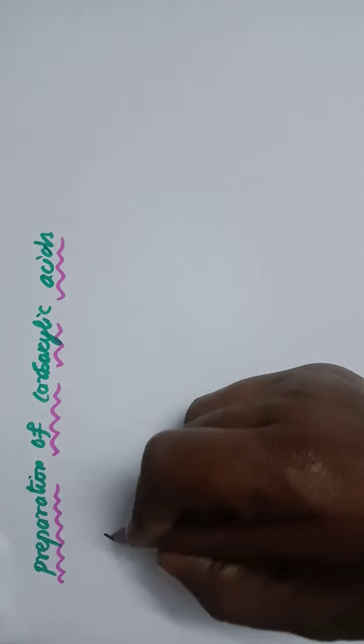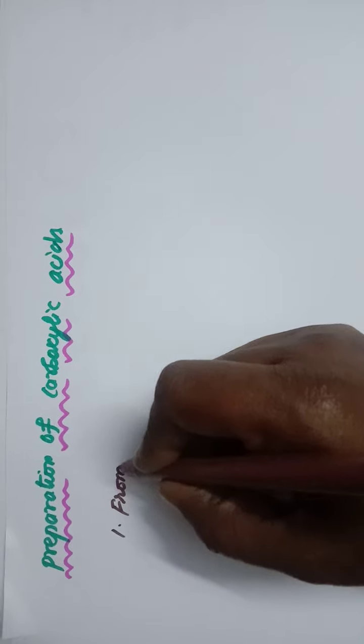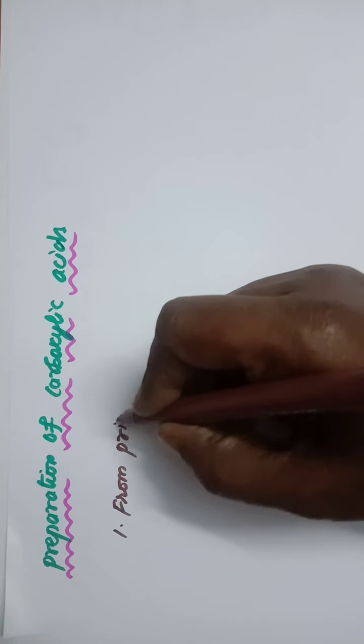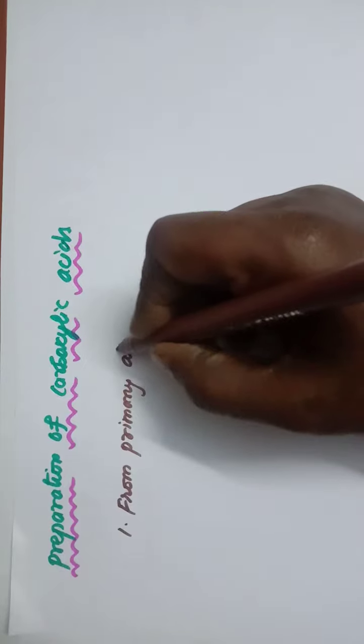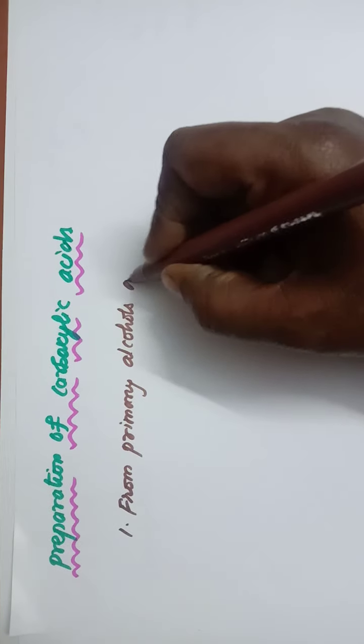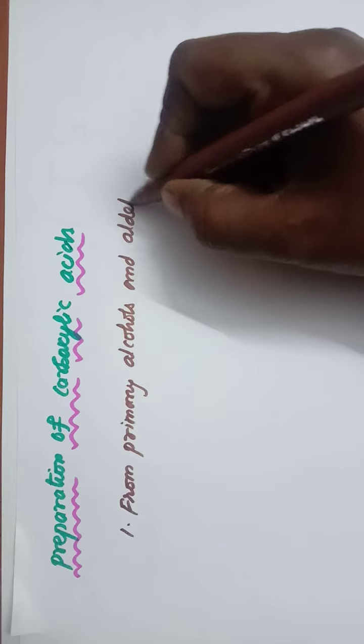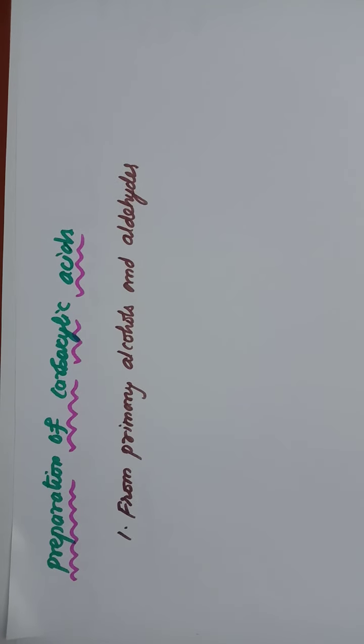The next one is preparation of carboxylic acid. First method of preparation is from primary alcohols and aldehydes. Primary alcohol and aldehyde can easily oxidize to the corresponding carboxylic acid. Here potassium dichromate and potassium permanganate act as the oxidizing agent.